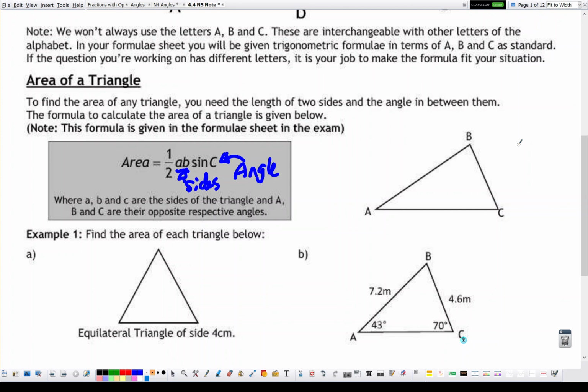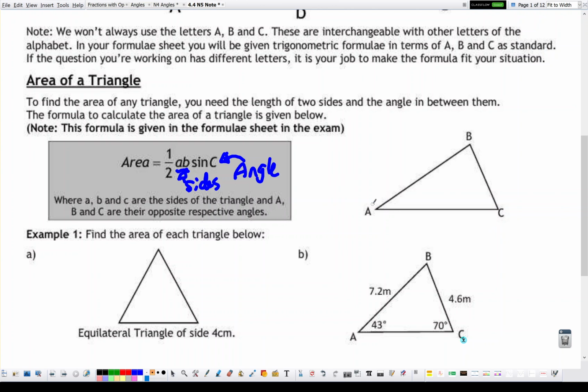Okay? So once you've drawn that formula, I want you to draw this little triangle on the right hand side. So we have at the corners labelled angle A, angle B, angle C. Capital letters are at corners, that's angles.